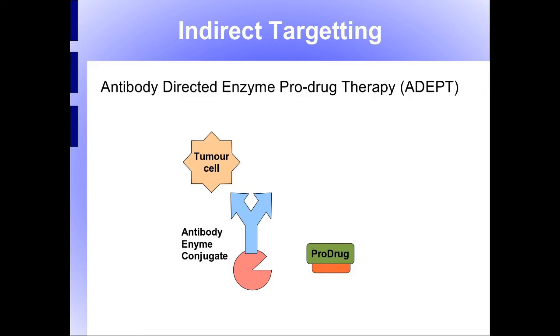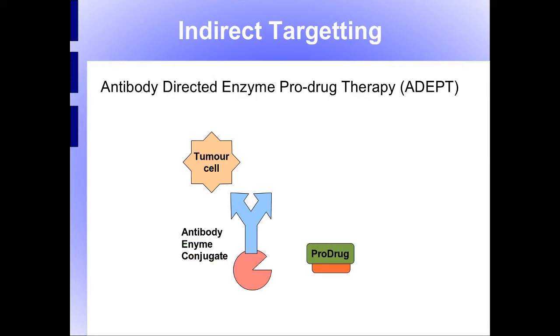The antibody-directed enzyme prodrug therapy, or ADEPT, is an interesting idea which unfortunately hasn't really worked terribly effectively. The idea here is that we have an antibody which binds to a tumour cell and has an enzyme conjugated to it. Now you inject that and it localizes at the tumour cell.